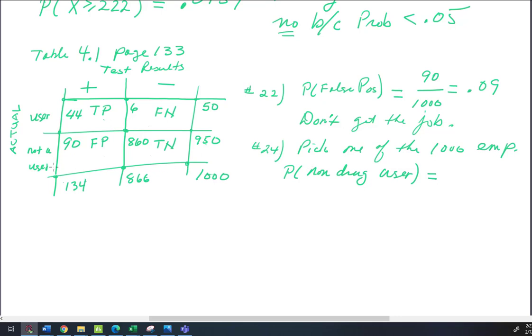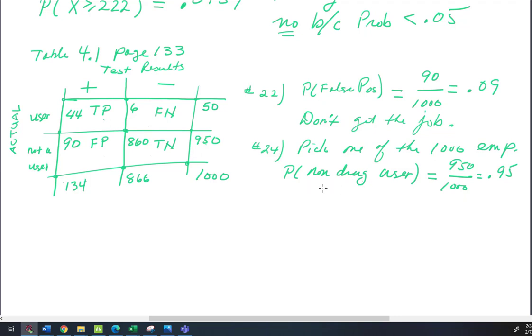Well, how many non-drug users are there? The margin tells me there were 950 non-drug users out of 1,000. That's empirical probability again. And this would be 0.95. So 95 times out of 100, if I just select a person at random, that person is going to be a non-drug user.